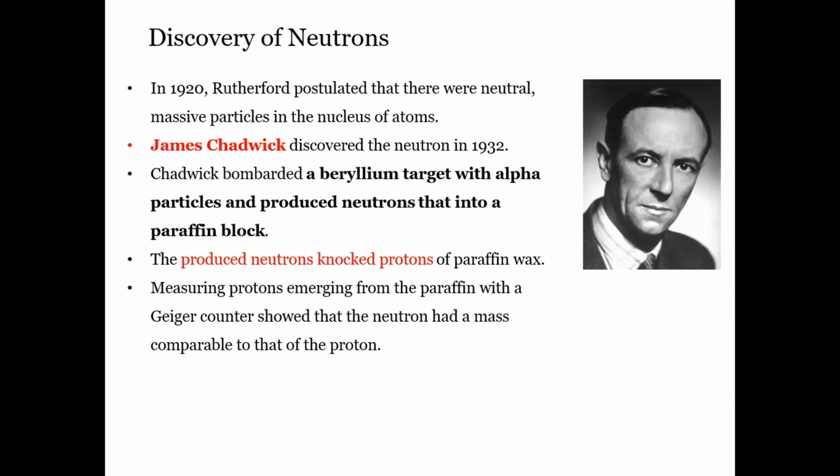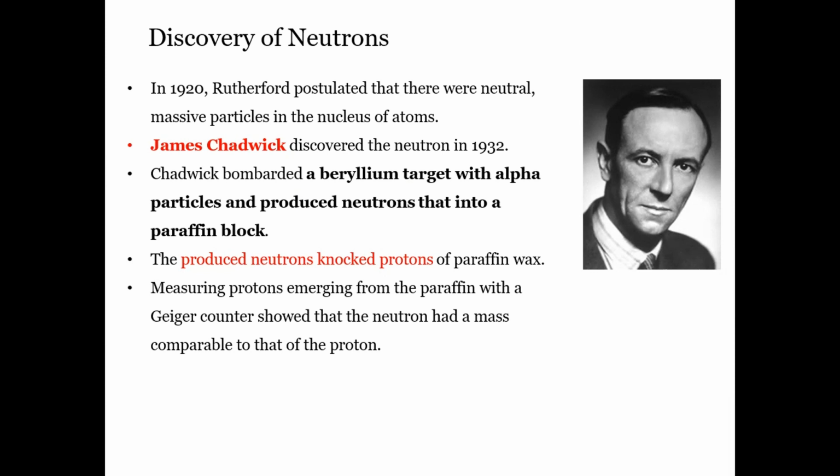James Chadwick bombarded a beryllium target with alpha particles. The alpha particle source was available, and he produced neutrons as a result of this bombardment in a paraffin block.